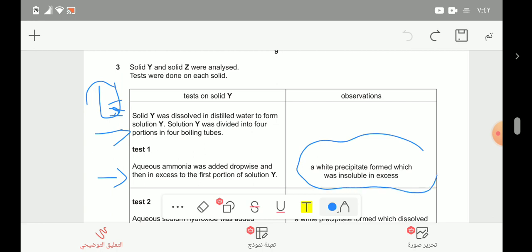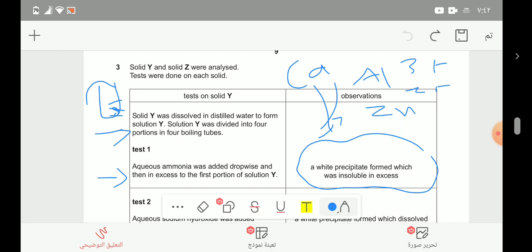After addition of aqueous ammonia, a white precipitate forms with 3 cations: zinc cation, aluminum cation, and calcium cation. Whoever studied this chapter will know that.